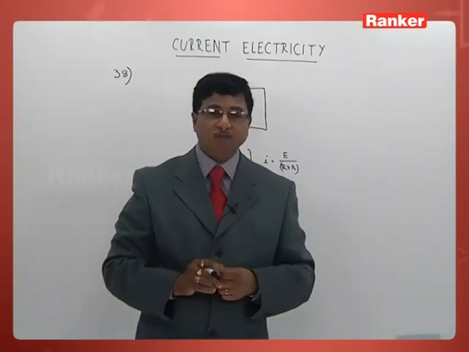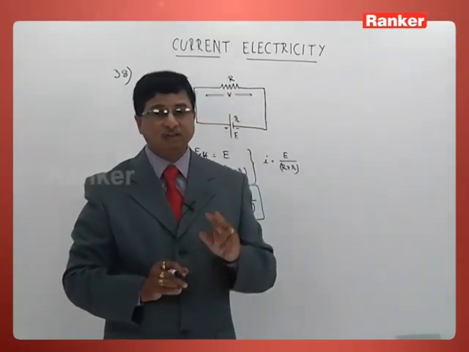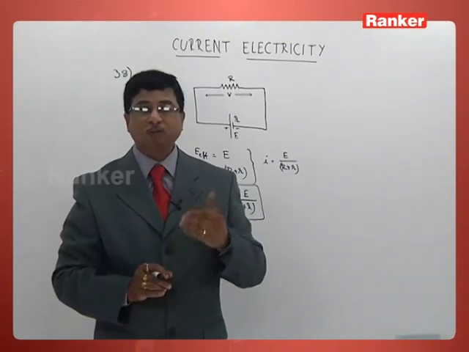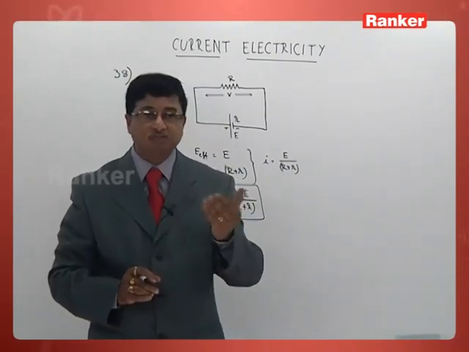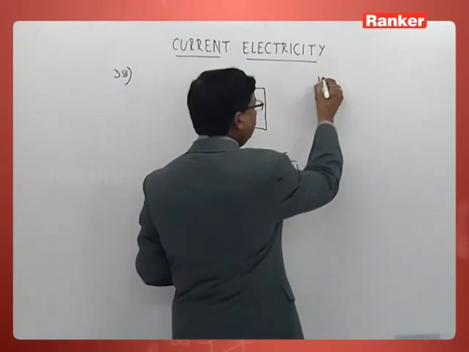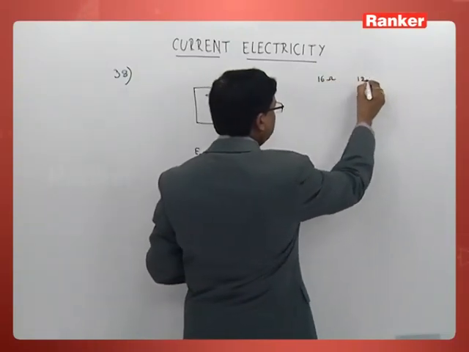So what is the thing he has given once again? Let us look at. When a battery is connected across a resistor of 16 ohm, the voltage across the resistor is 12 volt. 16 ohm and 12 volt.